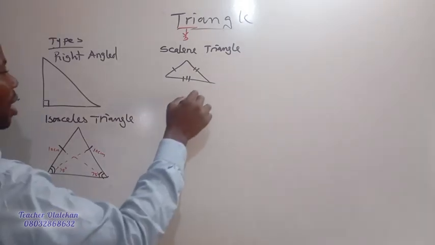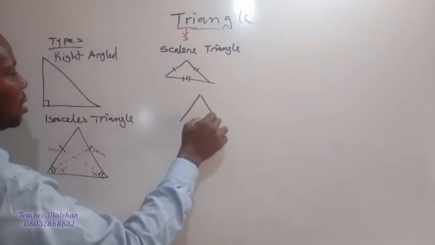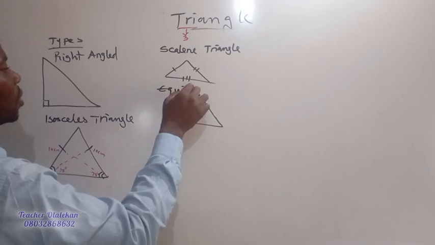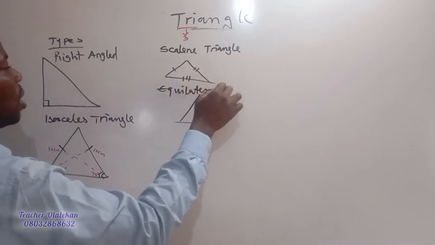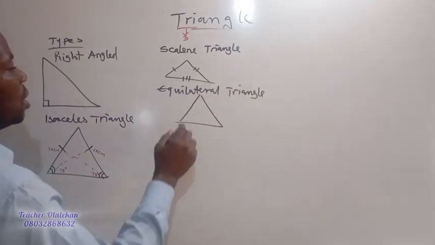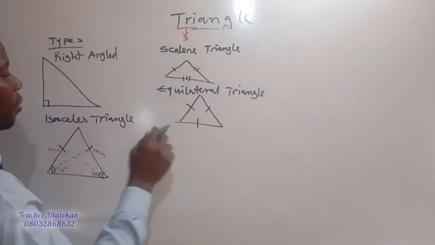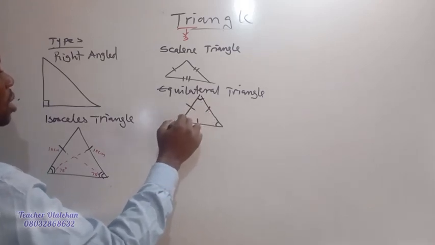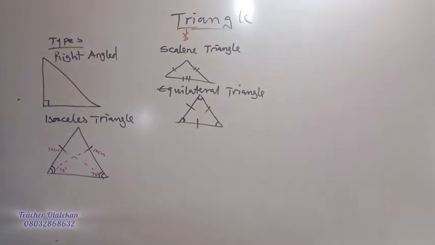Then we have the third one, which is the equilateral triangle. The equilateral triangle is like the opposite of the scalene triangle. In this one, all sides are equal and all angles are equal.